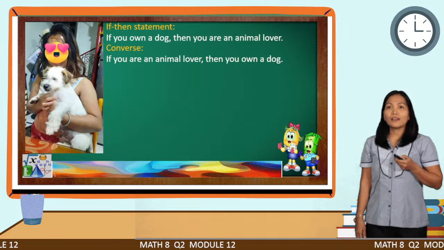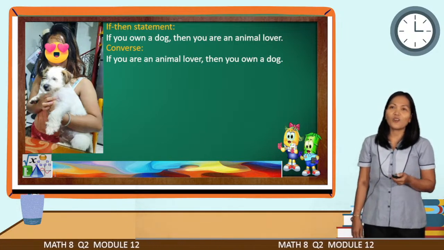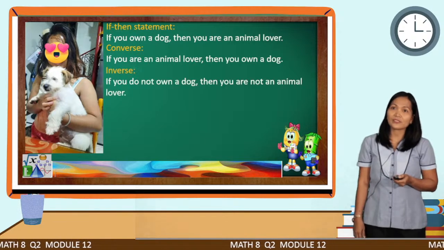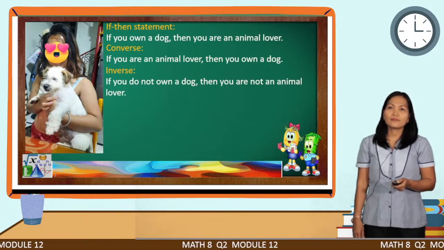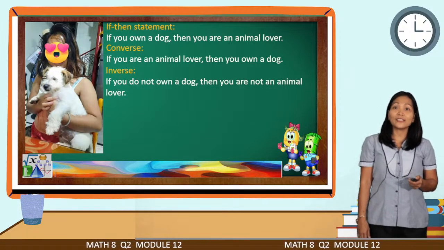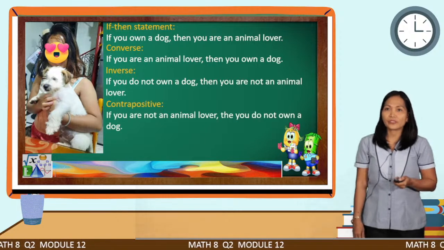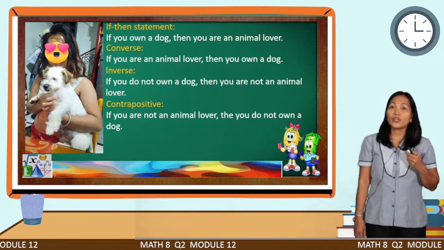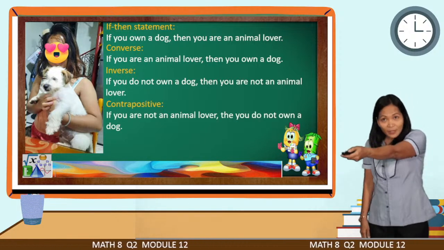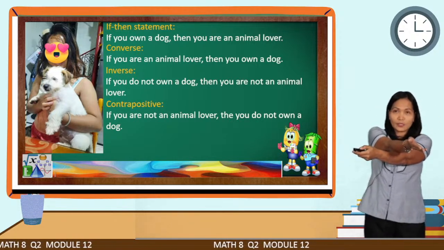If you are an animal lover, then you own a dog. How about its inverse? If you do not own a dog, then you are not an animal lover. How about its contrapositive? So, if you are not an animal lover, then you do not own a dog.